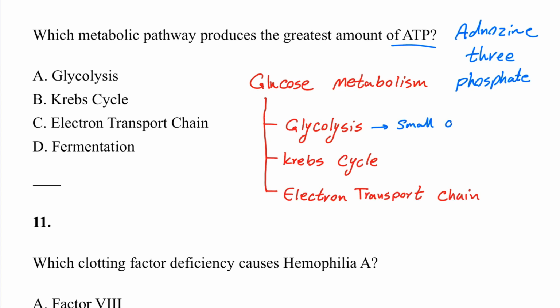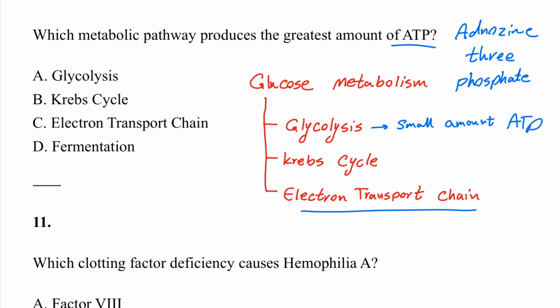Small amount of ATP. Yes? The Krebs cycle produces a little more and generates electron carriers. However, the electron transport chain is where most ATP is produced.